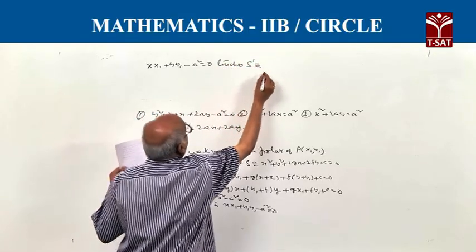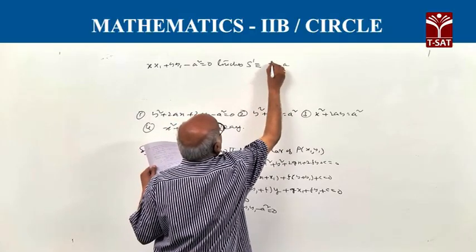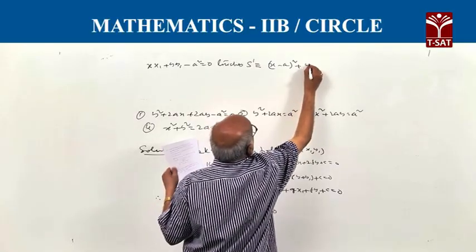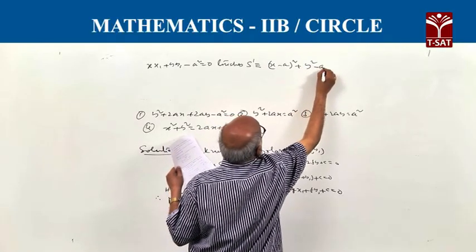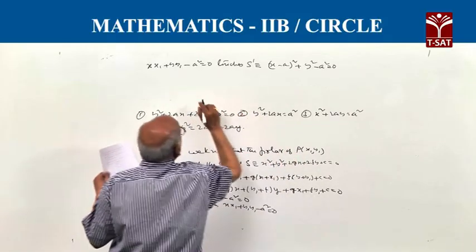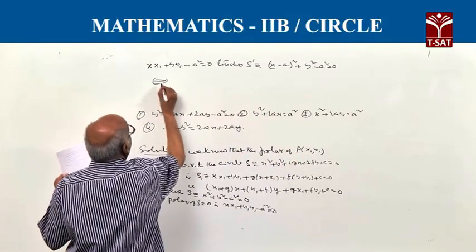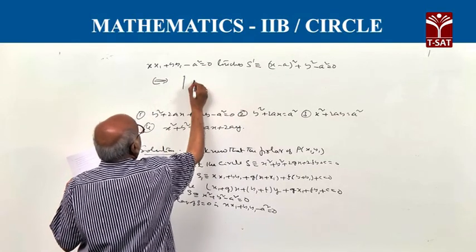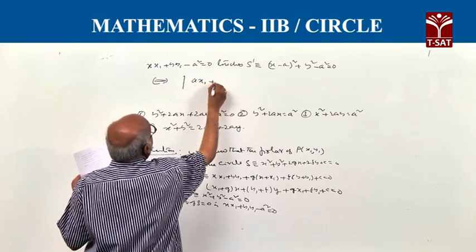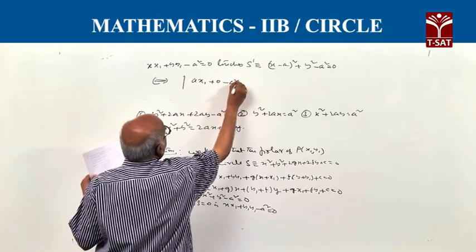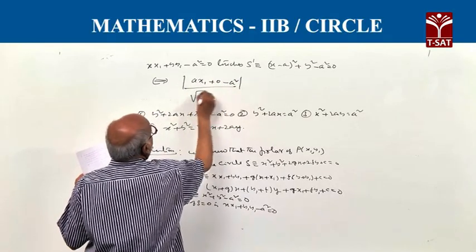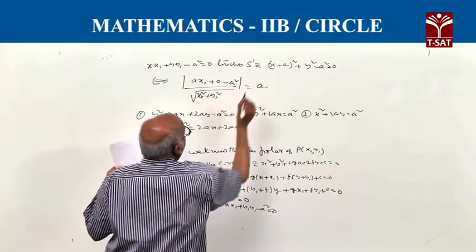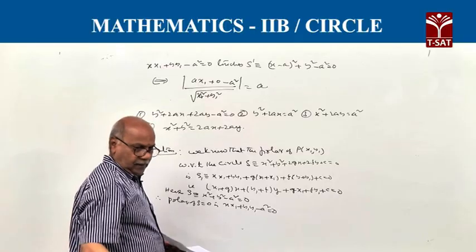the circle (x − a)² + y² − a² = 0 if and only if the modulus of, for the center (a, 0), (ax1 + 0 − a²) by the square root of x1² + y1² is equal to the radius a itself.